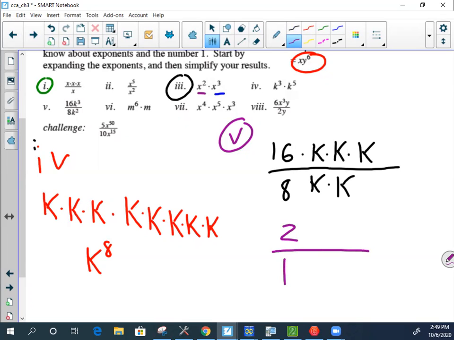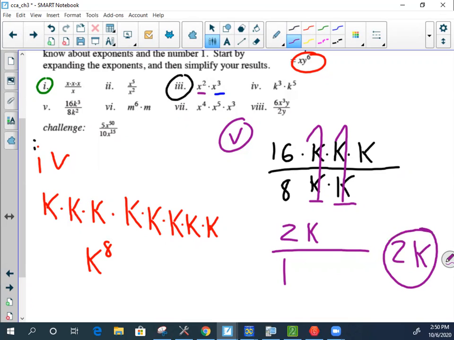Then my k's that are left can cancel out, 2 k's on top, 2 k's on bottom. So I have 2k on top and a 1 on the bottom, or just 2k. And that is what your answer would be for 5.